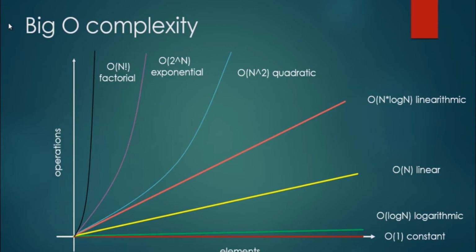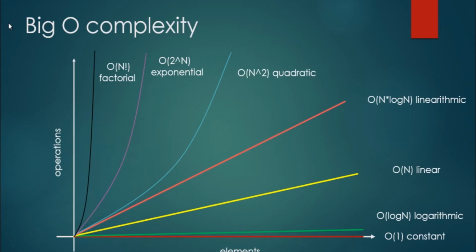Then a very efficient one is the so-called logarithmic, O(log n). For example, if you want to search for something in a sorted array, we can use logarithmic or binary search. Or if you are familiar with binary search trees, we can find anything in logarithmic time. So it's very efficient. Then another efficient approach is the linear time complexity. It is not so bad.